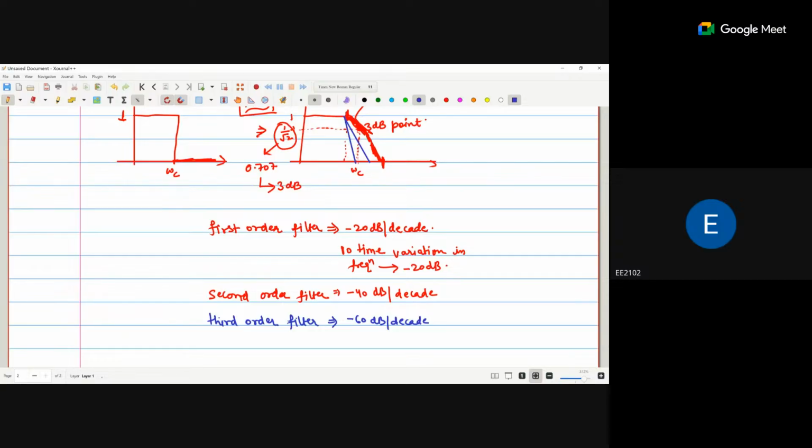Okay, so if we increase the order of the filter, we can get this particular transition sharper. But the thing is that when we increase the order of the filter, my filter stability will be reduced.